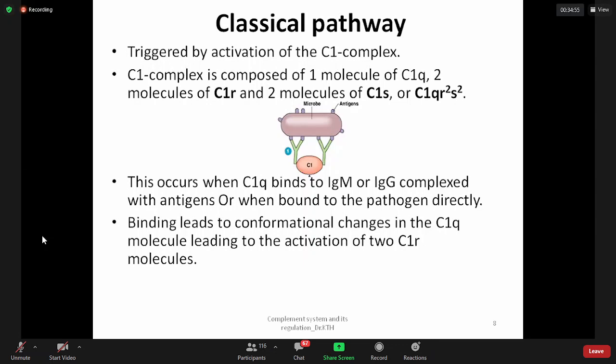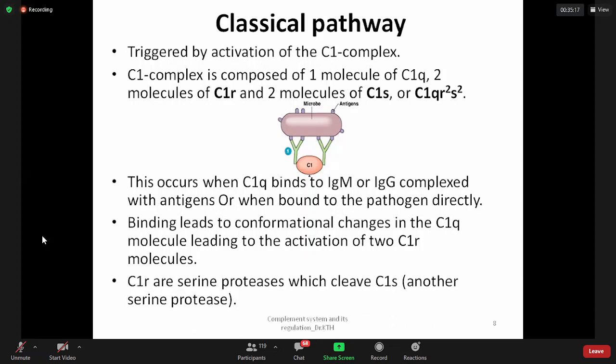So C1r is a serine protease. So for it to be activated, you need to get an antibody, either IgM or IgG, binding to a C1q. Once that has occurred, then you activate two molecules of C1r.